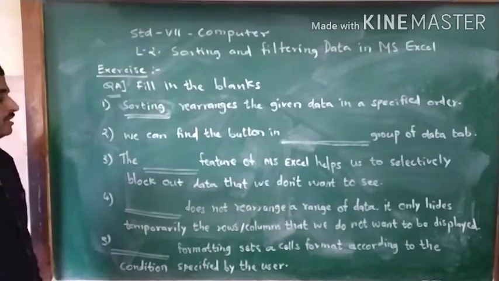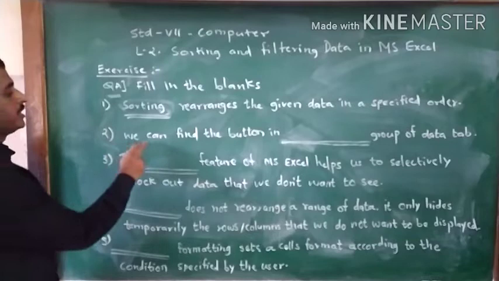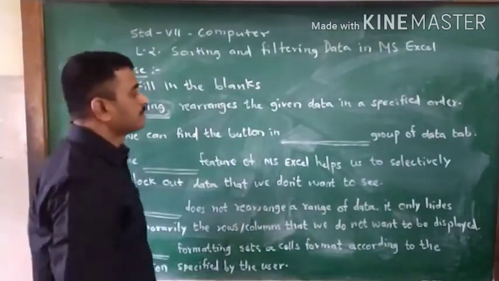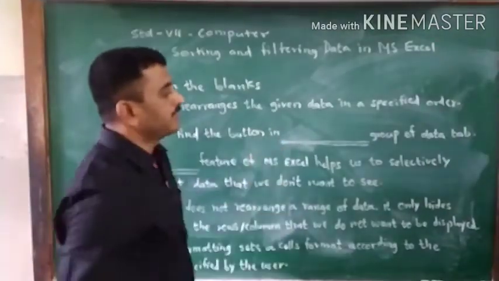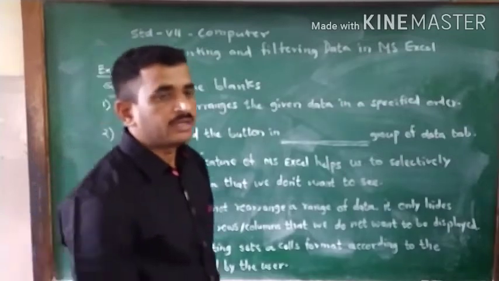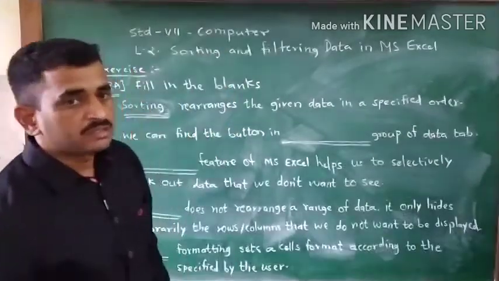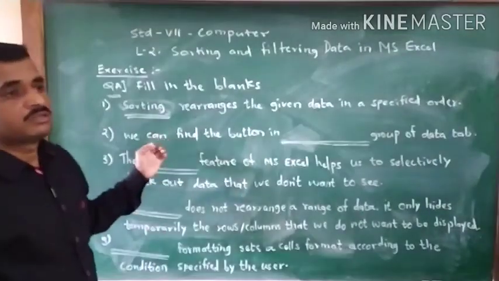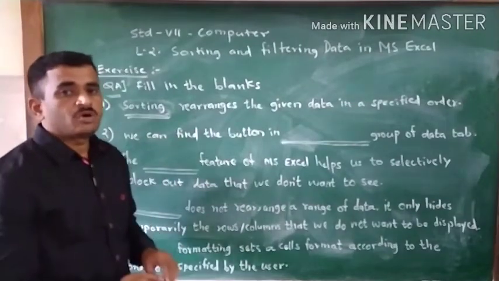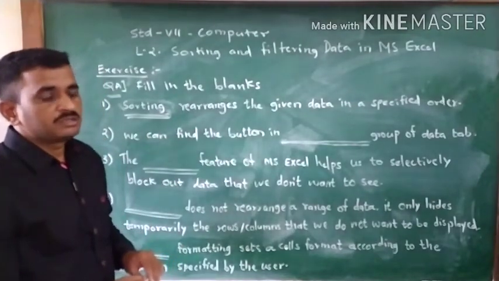Next fill in the blank is: we can find the dash button in the dash group of the Data tab. Which button? It is not given here. It is actually the sort and filter button.